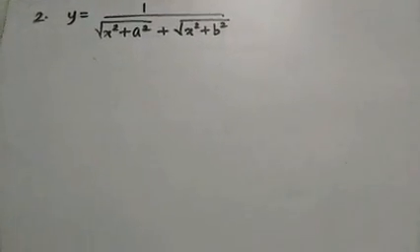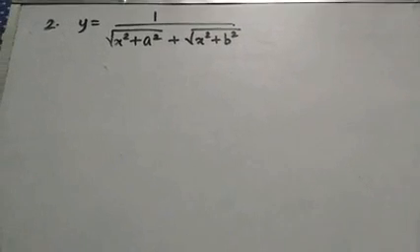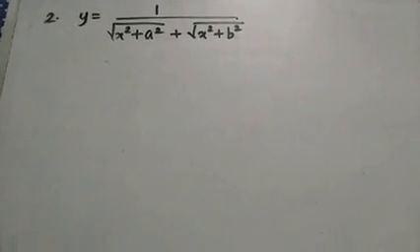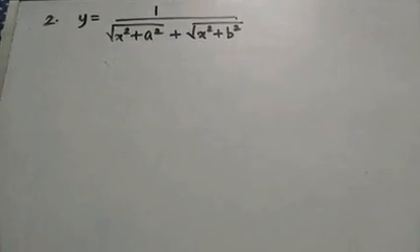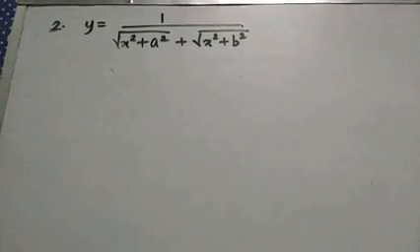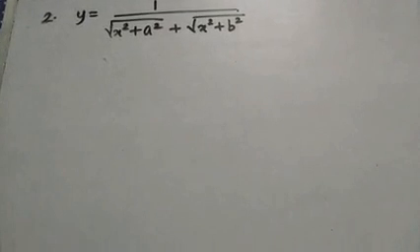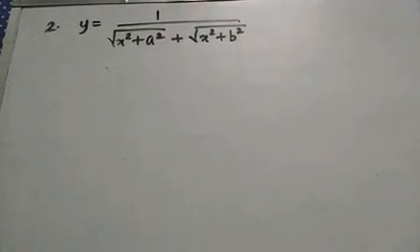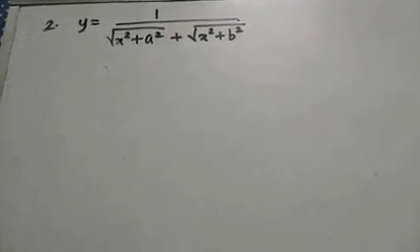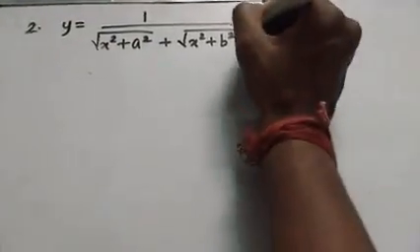First of all, to solve this question, we have to convert this given question into a simple form. So how to convert this question into simple form? Just remember one thing, whenever you see the square root part, just rationalize it. So here we are going to rationalize the denominator.